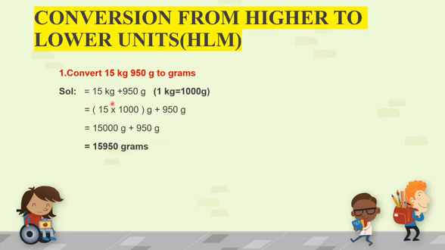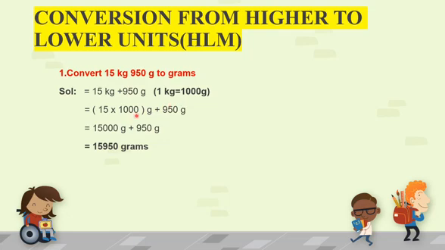I repeat, first 15 kg plus 950 gram. These are two different units, kg and gram, where kg has to be converted into gram. The gram part of the question is already in gram, so you don't have to convert that. Then you have to multiply 15 by 1000. Why are we multiplying by 1000, and not by 10 or 100? Because 1 kg equals 1000 gram.